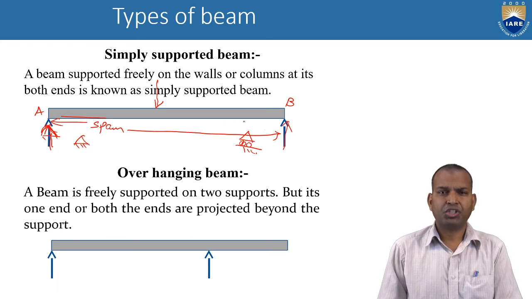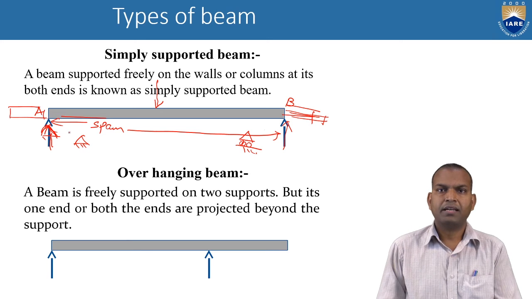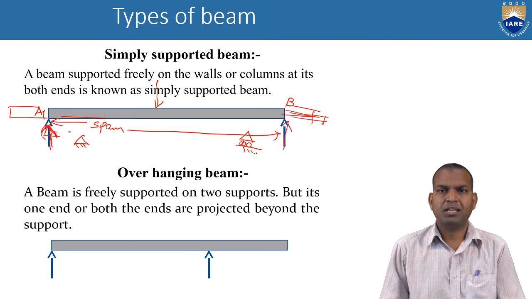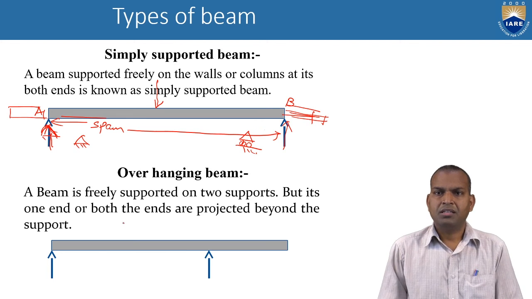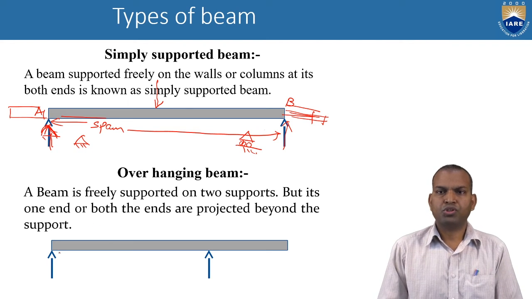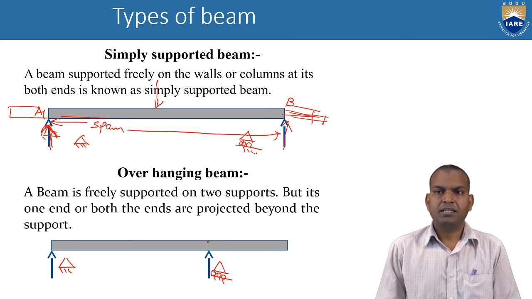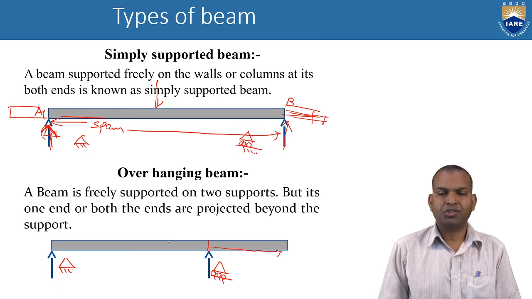If there is some extension to this beam, either on the left hand side or the right hand side, it becomes an overhanging beam. What is an overhanging beam? It is simply supported on two supports, with only one reaction acting at each, either a knife edge support or roller support. But here the beam extends beyond the support towards the right direction.